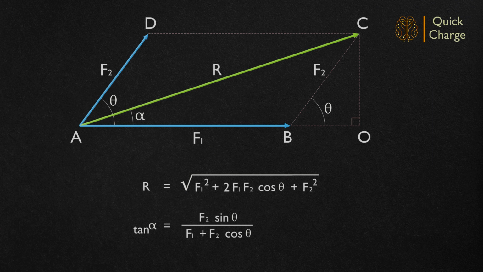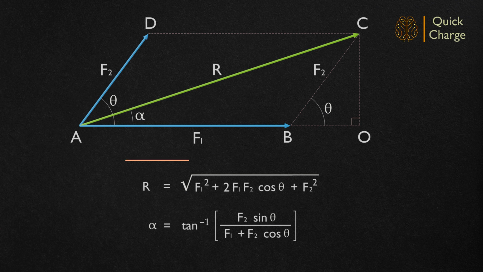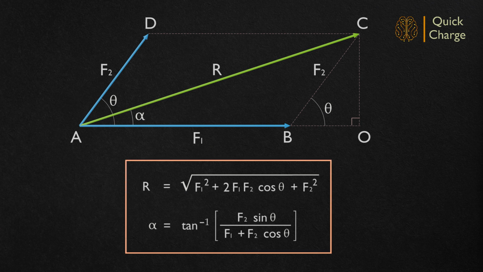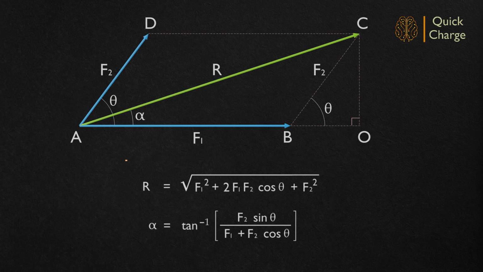And the angle alpha will be arctan, or tan inverse, of F2 sin theta divided by F1 plus F2 cos theta, where alpha is the angle the resultant makes with force F1. With these equations, the resultant of two concurrent forces can easily be found. The process can be repeated in case of additional forces.